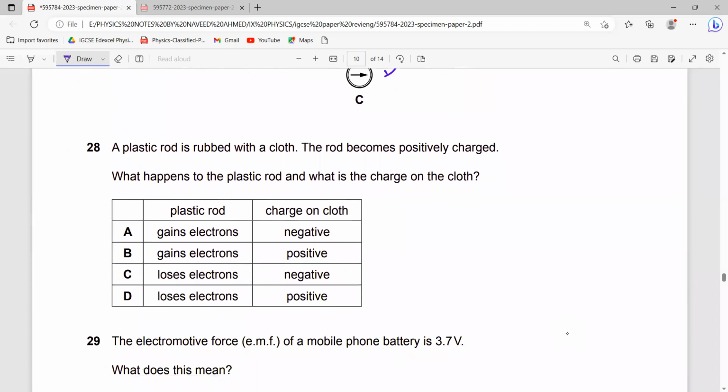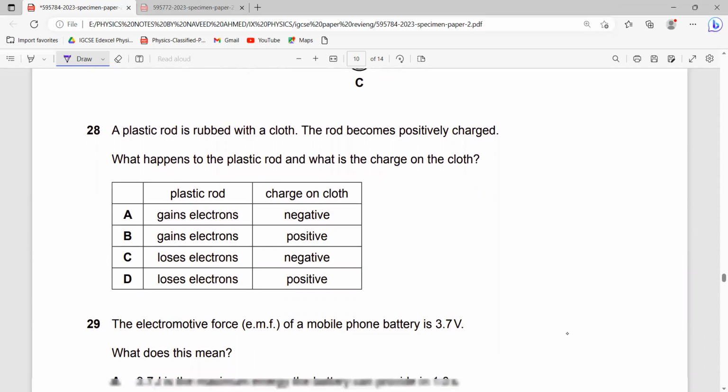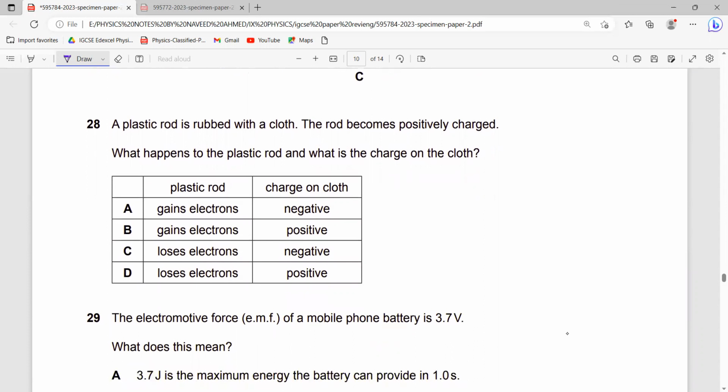In question number 28, a plastic rod is rubbed with a cloth. The rod becomes positively charged. What happens to the plastic rod and what is the charge on the cloth? You know, when two things rub against each other, there is a transfer of electrons from one object to the other. When an object loses electrons it gets a positive charge, and the object which gains electrons gets a negative charge.